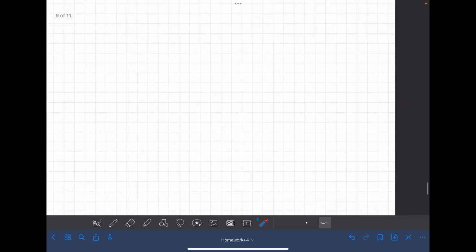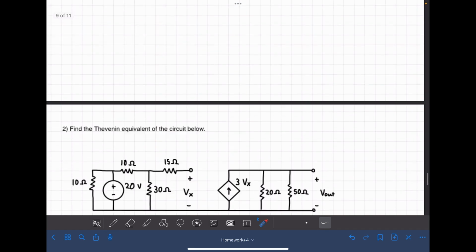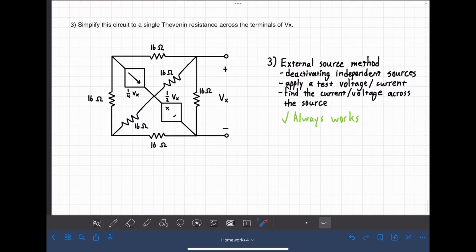And from that, we know we can no longer use the short circuit method. So we're going to be using the external source method. And of course, for this one, we already know VTH equals 0. So we're just going to be finding the equivalent resistance.